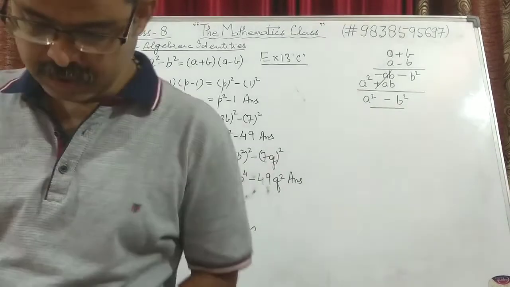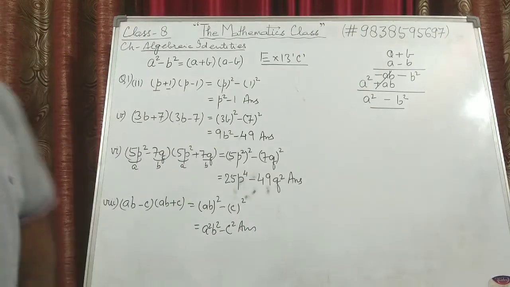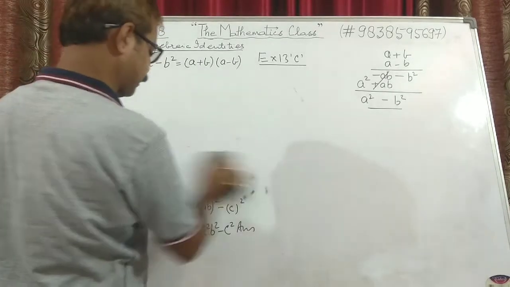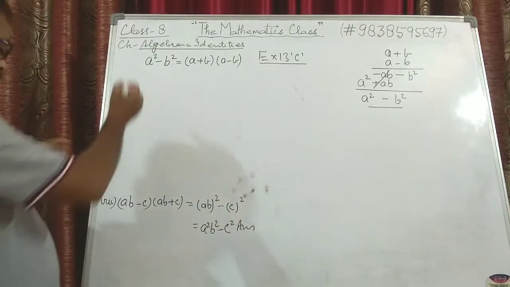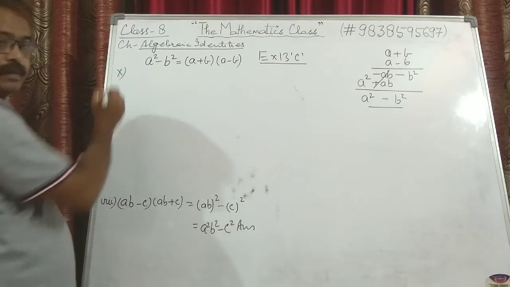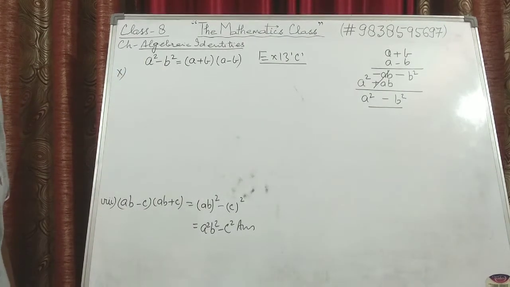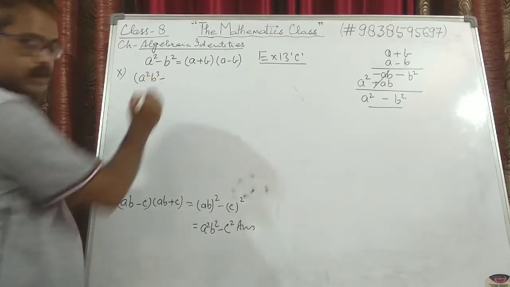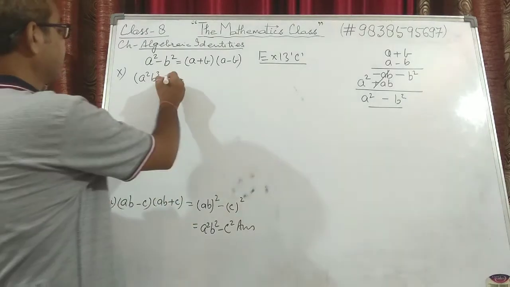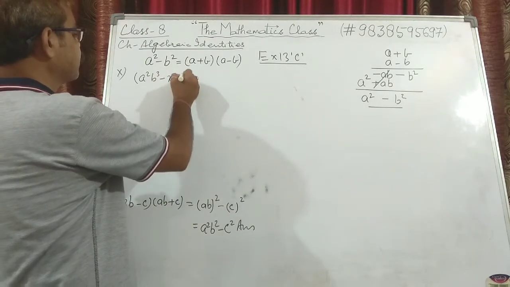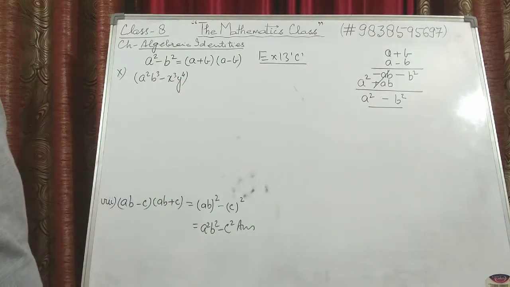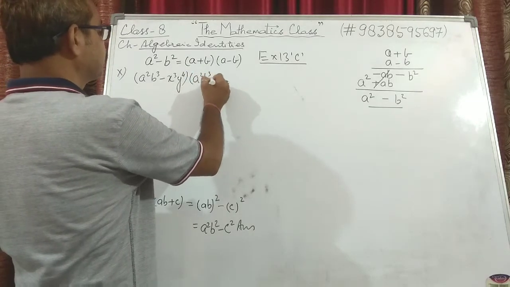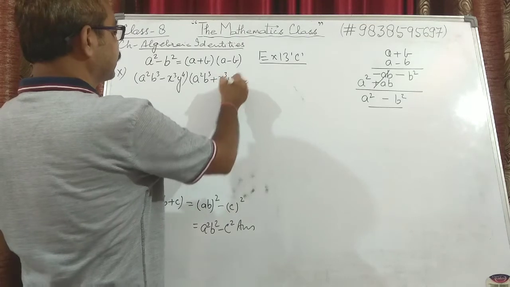Now we move on to the 10th part of the question. The 10th part is a square b cube minus x cube y to the power 4, and in the other it is positive, meaning a square b cube plus x to the power 3, y to the power 4.